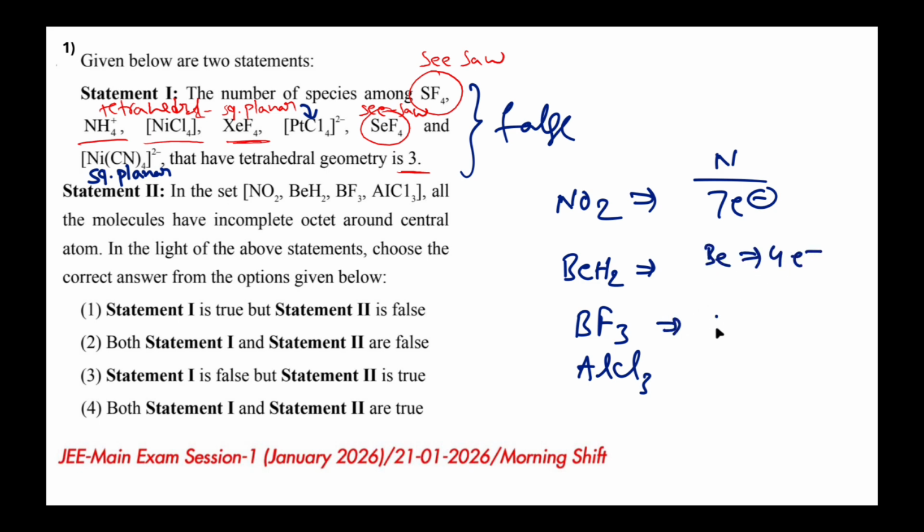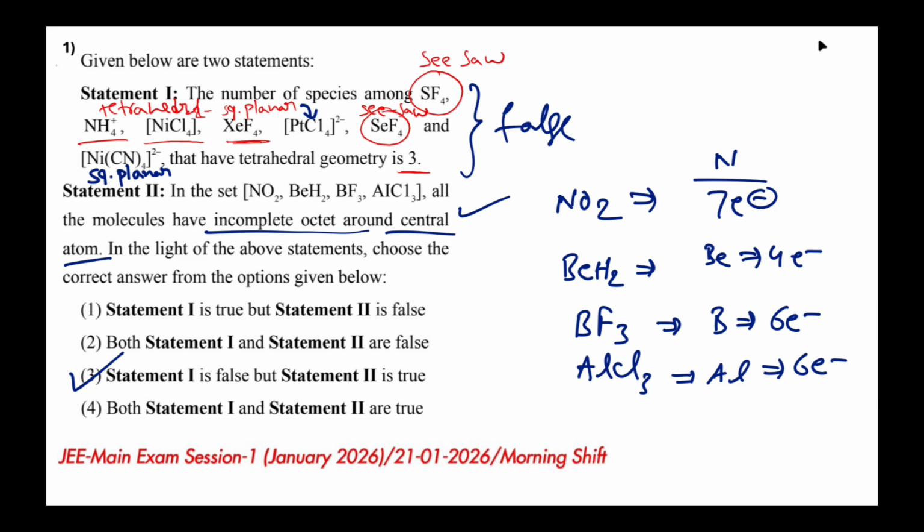In BF3, boron has 6 electrons. Then aluminum also has 6 electrons. So all are electron deficient. So in statement 2, all the molecules have an incomplete octet around the central atom. So statement 2 is correct. So statement 1 is false, statement 2 is true. So option 3 is the correct option.